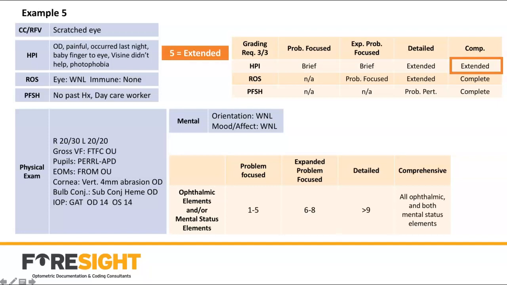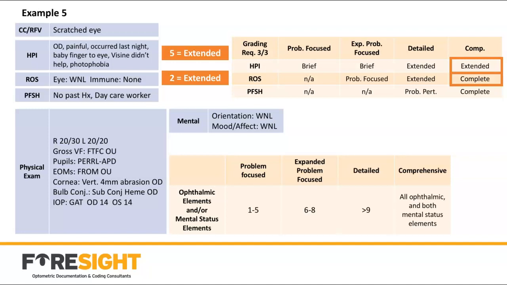Then you go on with the review of systems. With the patient, since they said it was a scratchy eye or a scratched eye, we're going to ask about some immune systems because we're potentially looking for any collagen disorders or things that would cause them to not heal very well. So we have a review of systems of 2, so the eye and then the immune system.